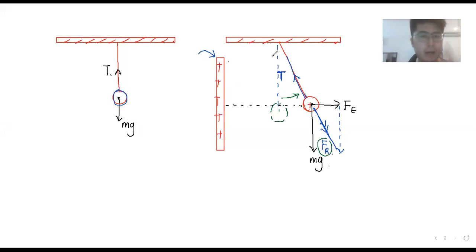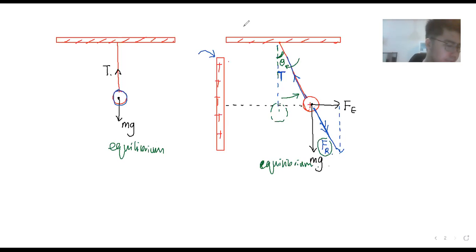So how much does it move? Whatever the angle is here, the string moves this much to readjust. So this is an equilibrium system. The first one is also an equilibrium system.